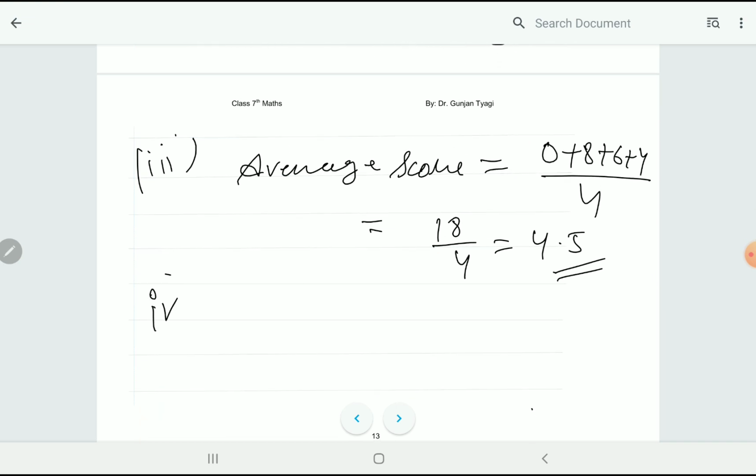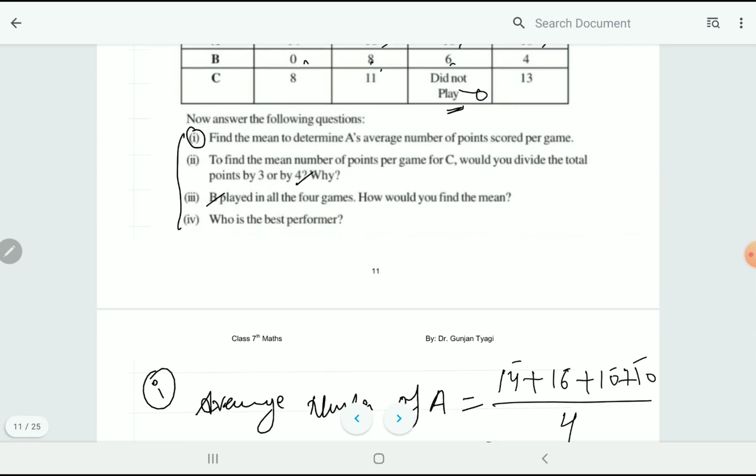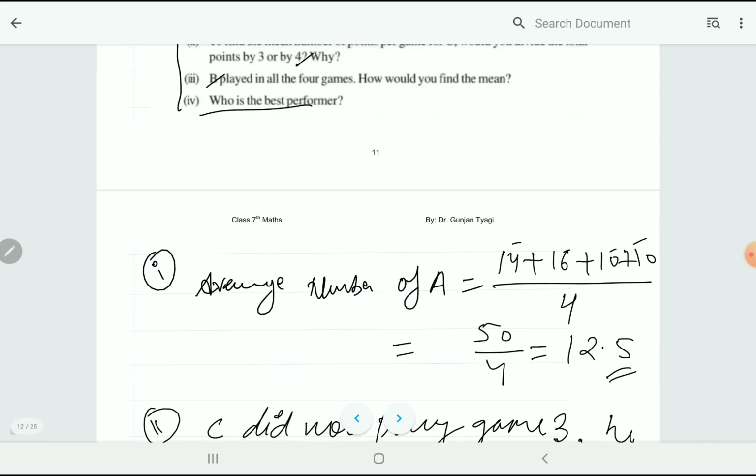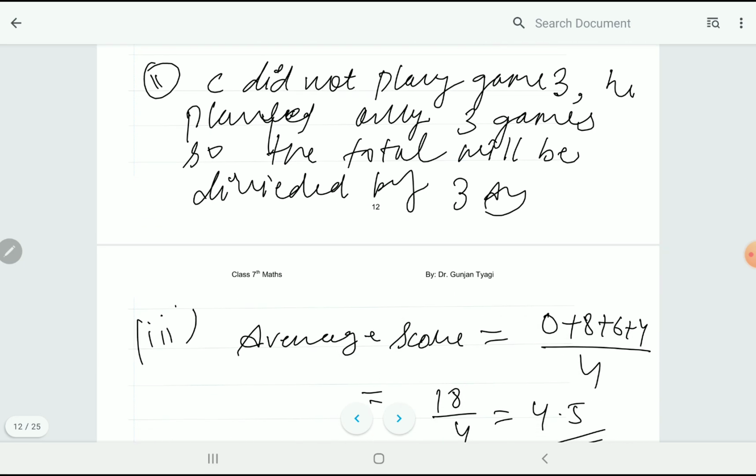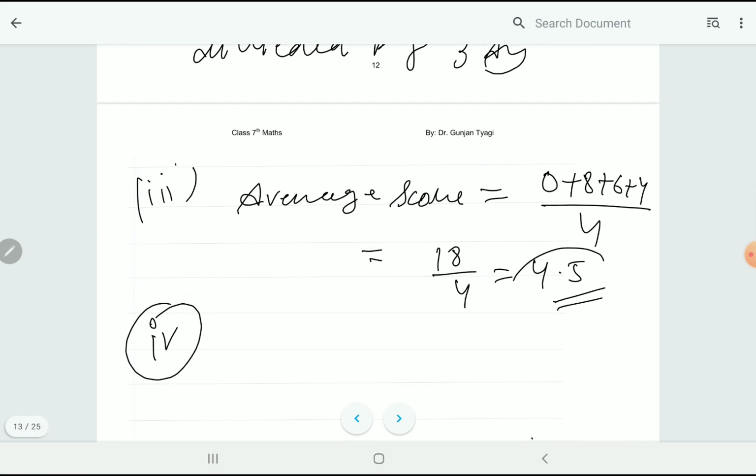Let's do the fourth part. Who had the best performance? We can see the average of A is 12.5. C played only 3 games. The average of B is 4.5.